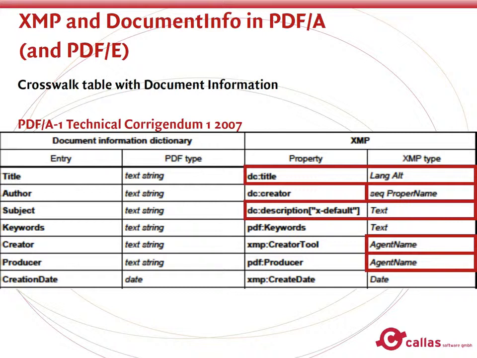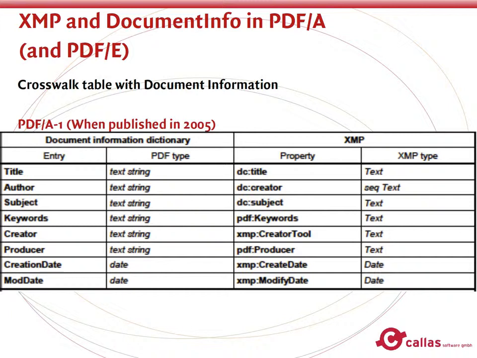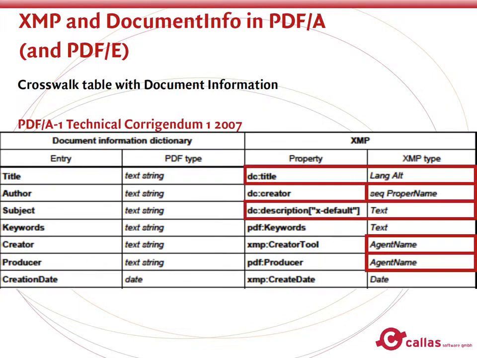In the first row you can see that in the first version dc:title was indicated as of type text, but in fact it turned out that dc:title is not just text, it actually is a language alternative, because the title of a PDF file can be in the metadata in several languages.